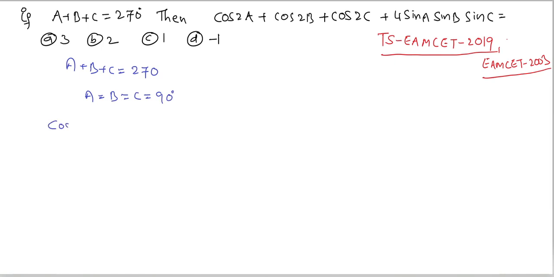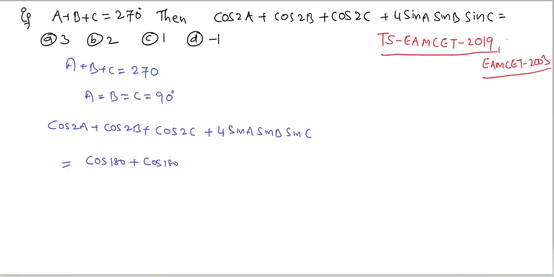Substituting in the given problem, that is cos 2A plus cos 2B plus cos 2C plus 4 sin A sin B sin C. That is cos 2 into 90, cos 180 plus cos 180 plus cos 180 plus 4 sin 90 sin 90 sin 90.